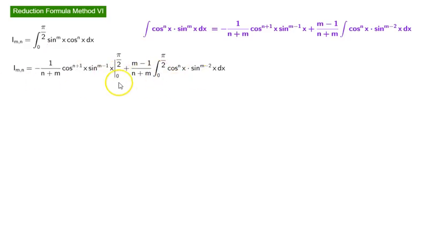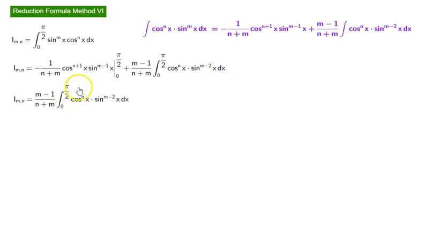Applying the definite part of this formula, minus 1 by n plus m times cos to the power of n plus 1 x times sine to the power of m minus 1 x from 0 to pi by 2, plus m minus 1 by n plus m times the integral of cos nx times sine m minus 2 x dx.